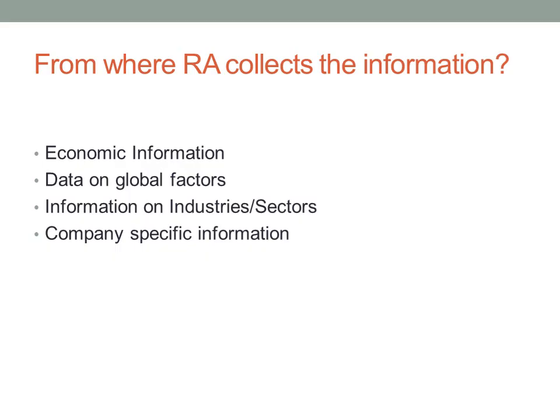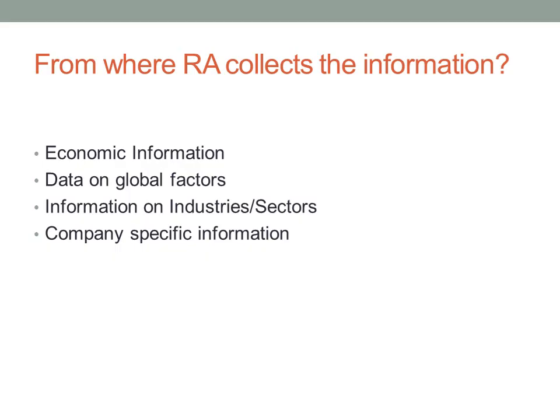They also consider data on global factors like currency exchange rates, commodity prices, bond yields, etc. This information is collected from international agencies such as the International Monetary Fund, Asian Development Bank, which we call ADB, World Bank, and global development financial institutions.